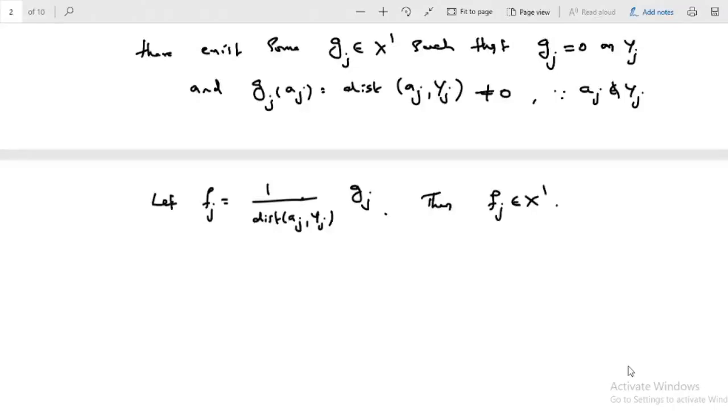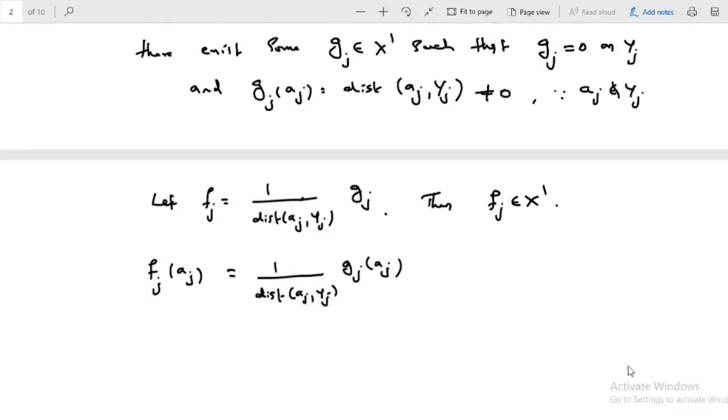This is very easy to see: fj belongs to X dash. We only need to understand what fj of aj is, and fj of the other ai's. What will fj of aj be? It is 1 by the distance between aj and yj, times gj of aj.